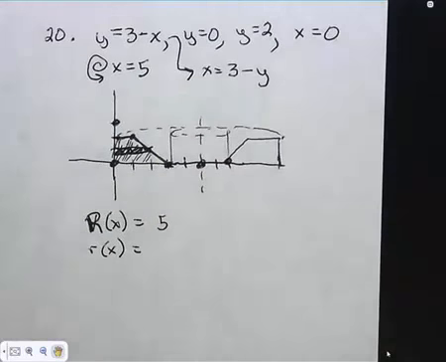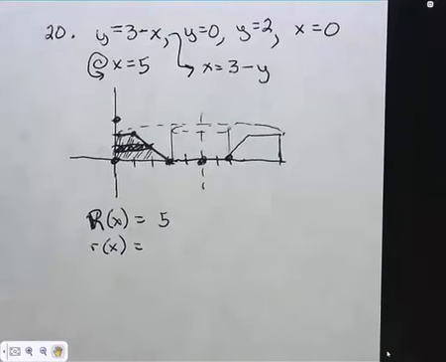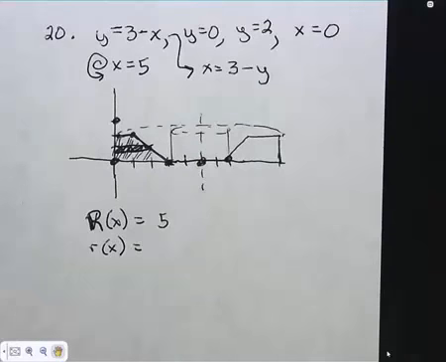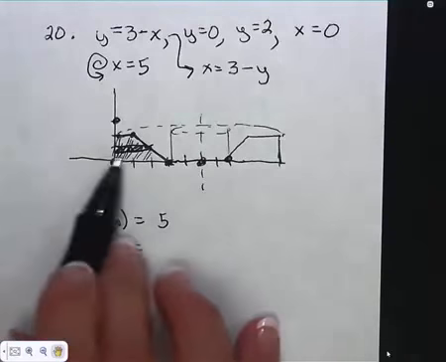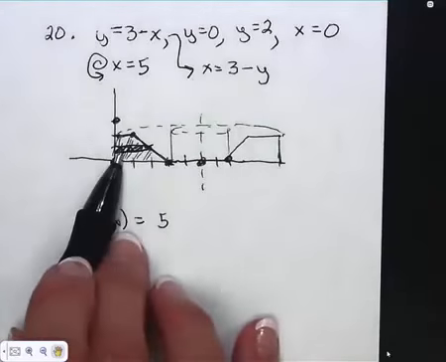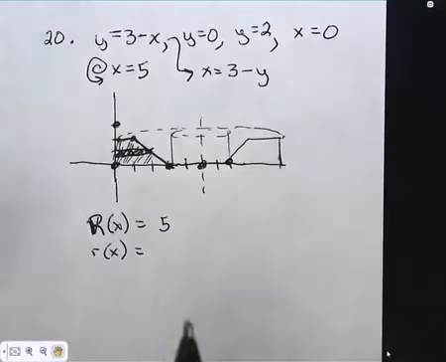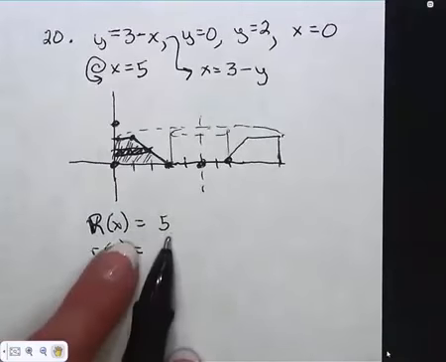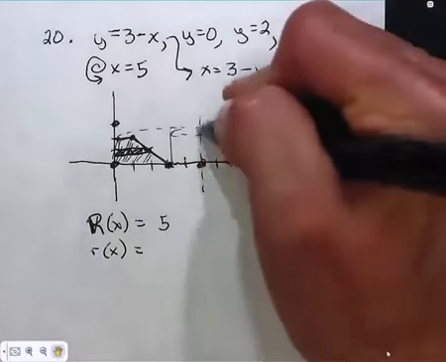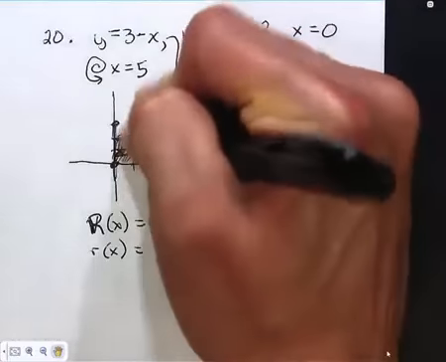Wait. No, that's not all that's being cut out. When we're using horizontal rectangles, this will help. That outer radius of 5, think of it as right boundary minus left boundary.